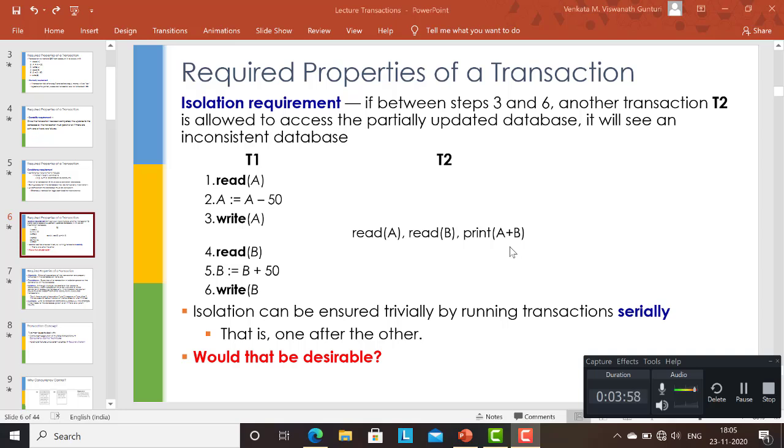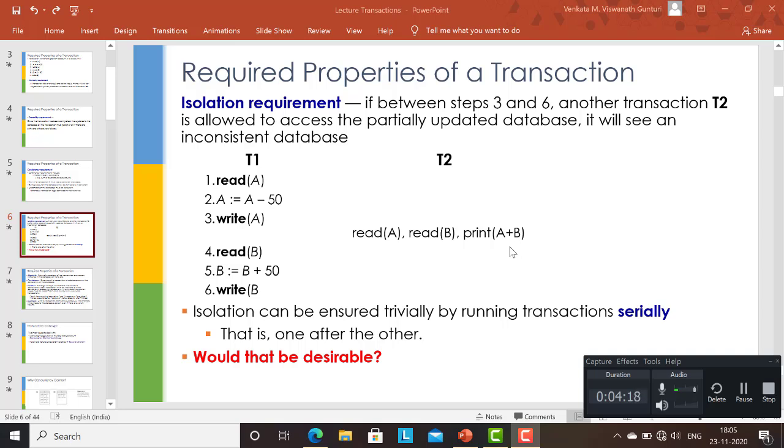So serial execution of transactions is always good, but when you are trying to design a system, let's say at Visa payment services, millions of transactions happen every minute.